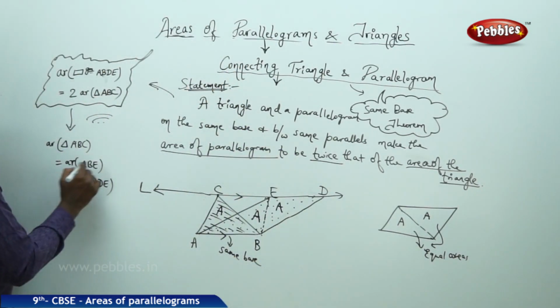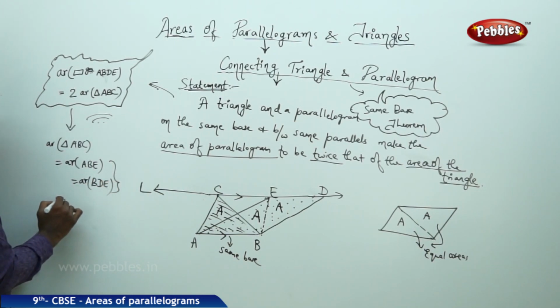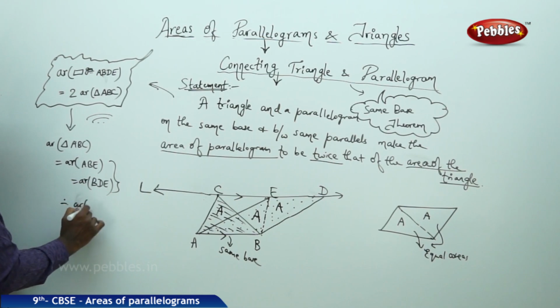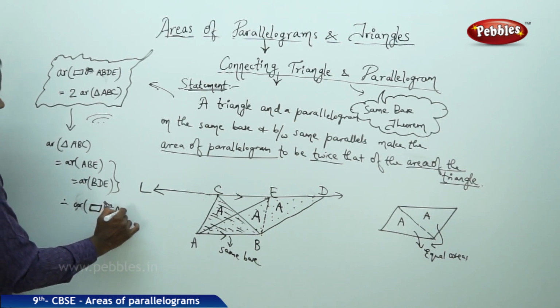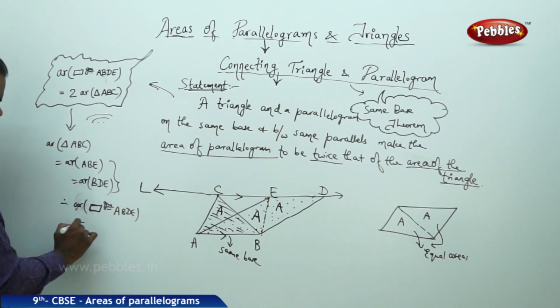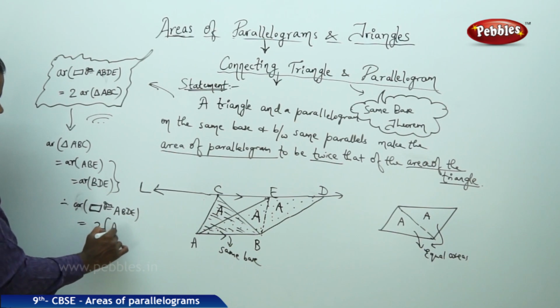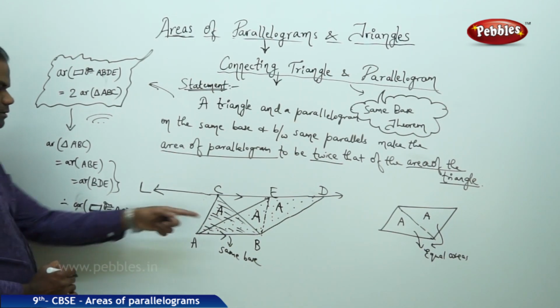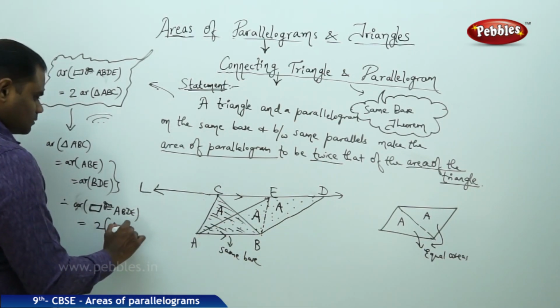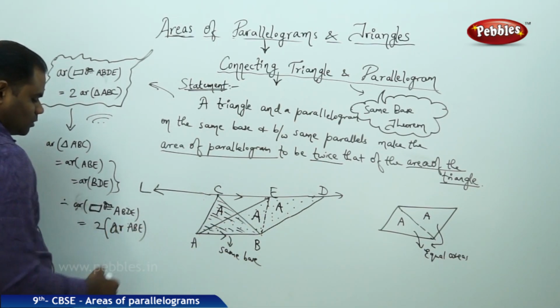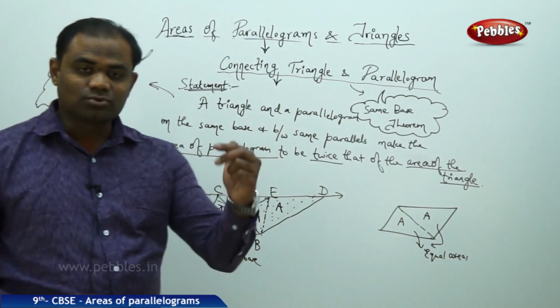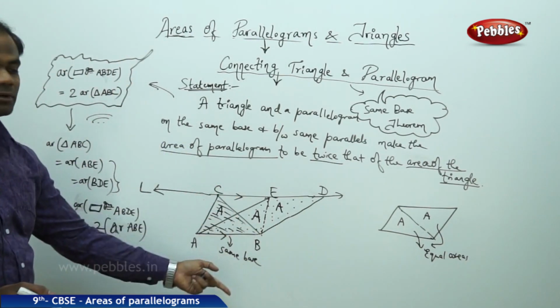And therefore, the area of parallelogram ABDE is twice the area of ABE, because the diagonal makes the two triangles congruent in a parallelogram.